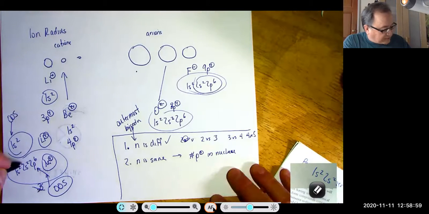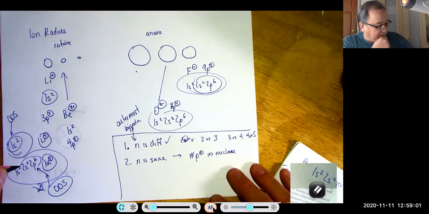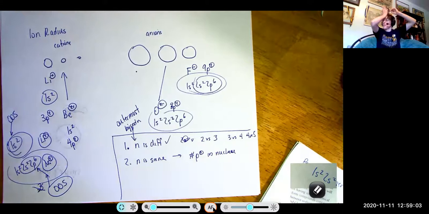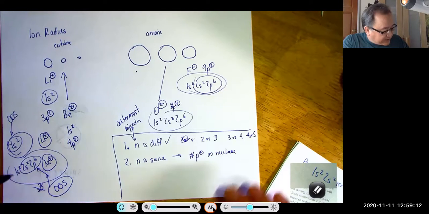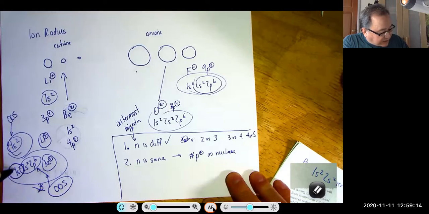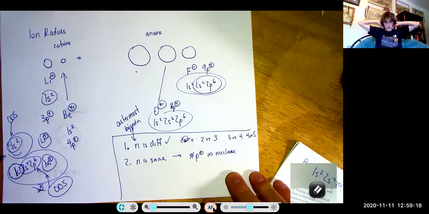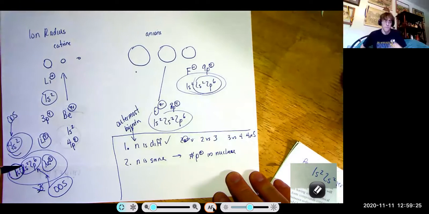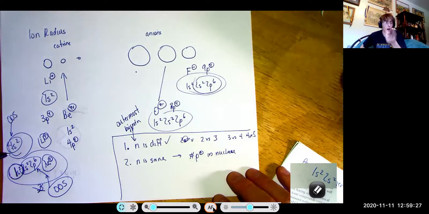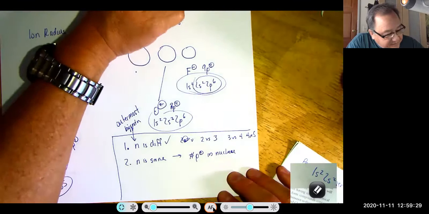So here's the outermost occupied shell. Here's the outermost occupied shell. Oh, I get what you mean now. You're looking at the number. Right. Second shell, first shell. Why is the first shell not the outermost occupied shell in this one? Is it just because the N is bigger? Because there's electrons in the N equals 2. That's why. Oh. So here, if I give you this, it just transfers over.